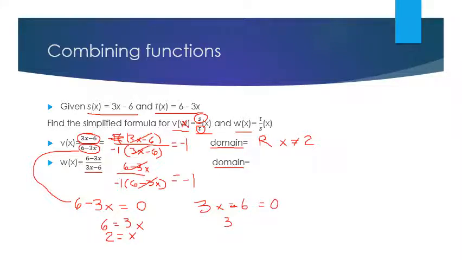Adding 6 to both sides gives me 3x equals 6, and dividing by 3 gives me x equals 2. Same thing. So x equals 2. They both have the same domain: all real numbers except x is not equal to 2.